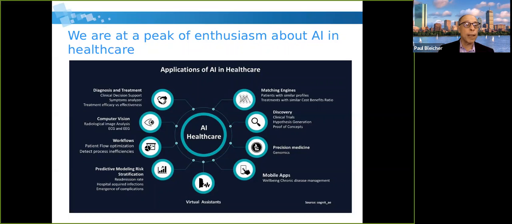It's being incorporated in computer vision for reading of radiographs and CT scans, et cetera. In workflow and the automation of administrative aspects of medicine, as well as in predictive modeling, risk stratification, and a whole variety of other more scientific uses in medicine. A very exciting time indeed.